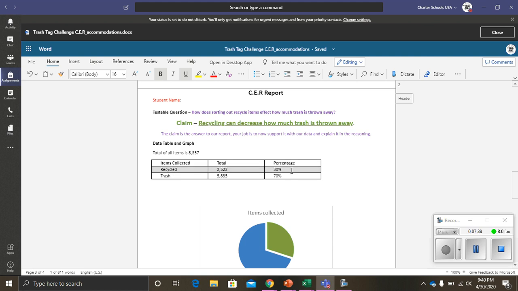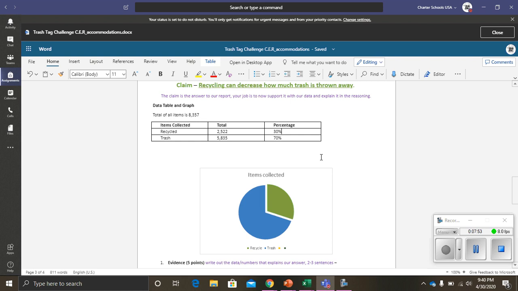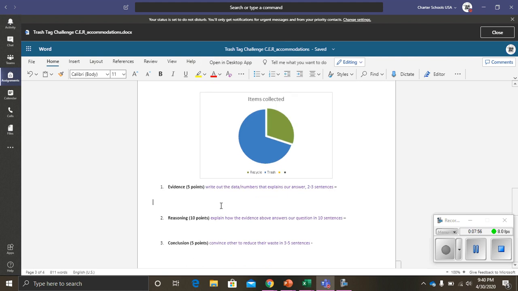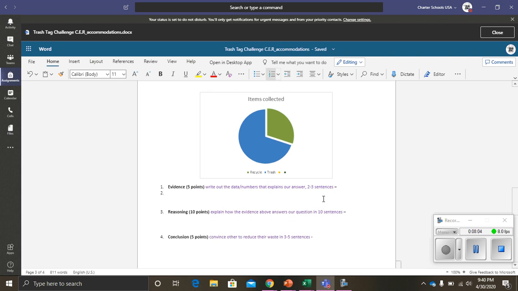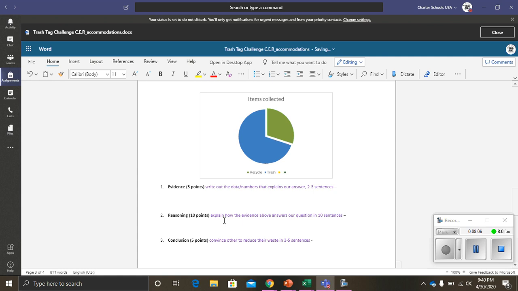You're going to talk about how there were this many items, and this much was recycled. 30% of all of the waste that was collected was able to be reused. What you're going to put here is only numbers. 30%, and so on. I'm not going to give you all the answers. This is very short. You only talk about your numbers. Don't talk about anything else, because you'll get confused.